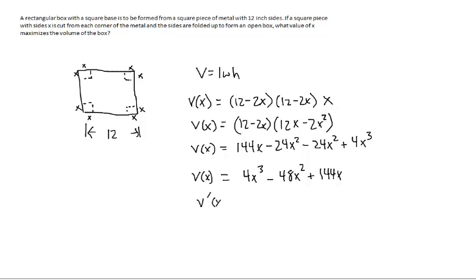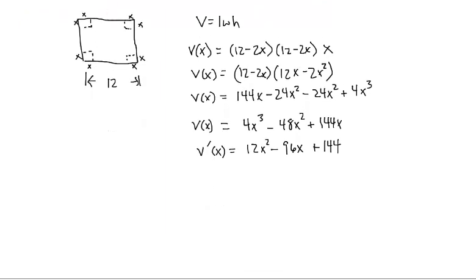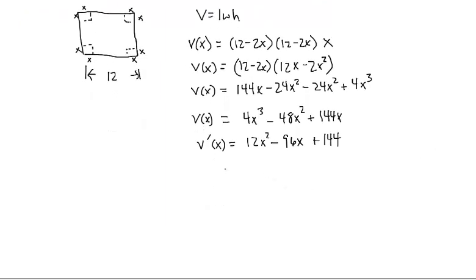V prime of x is equal to 12x squared minus 96x plus 144. And if we want to find a maximum, once we take the derivative, we're going to set it equal to 0. So we're going to say 12x squared minus 96x plus 144 is equal to 0. And I'm going to factor a 12 out of the function.